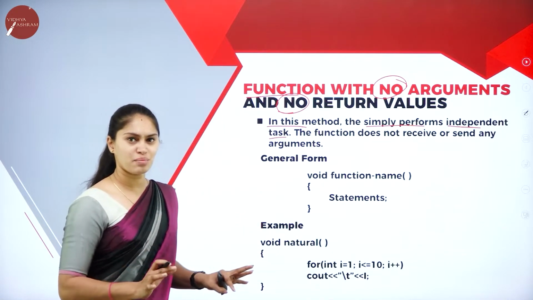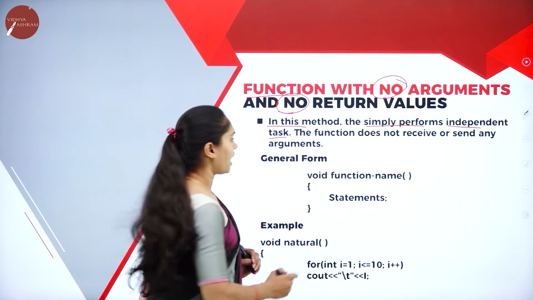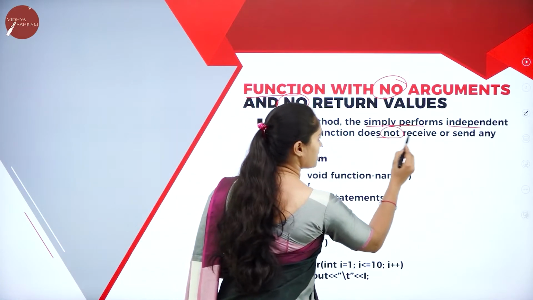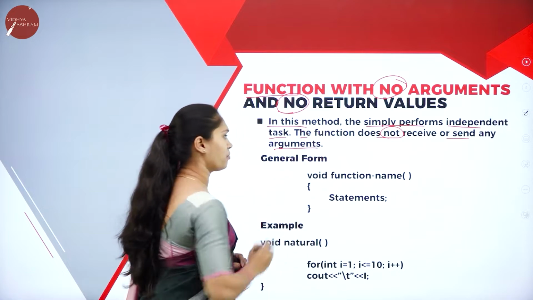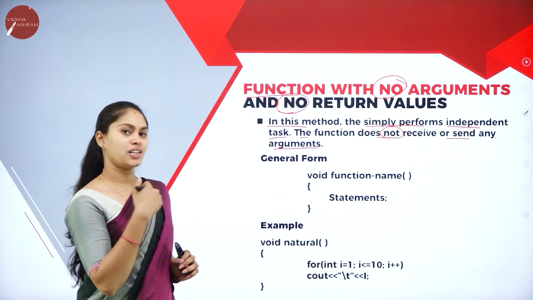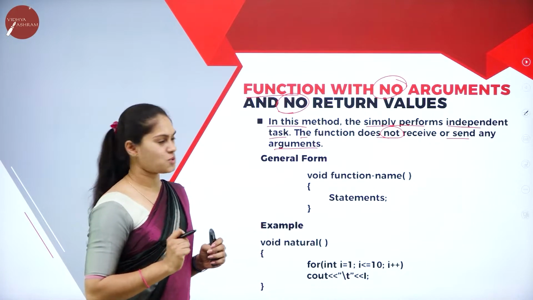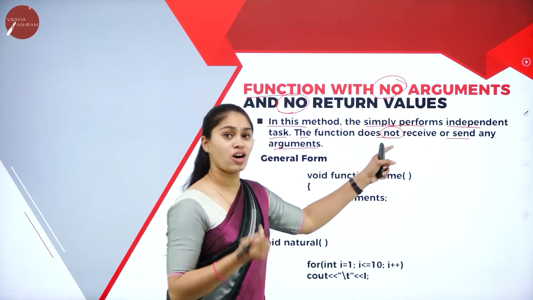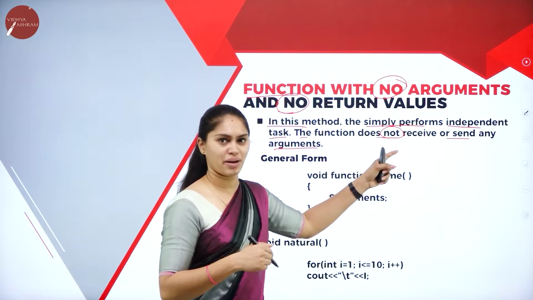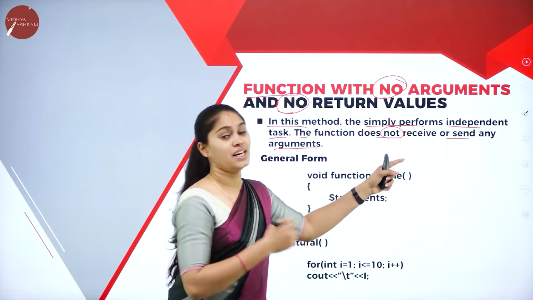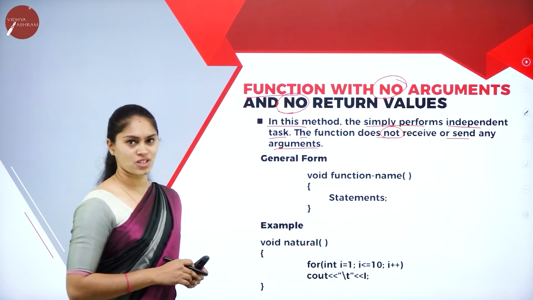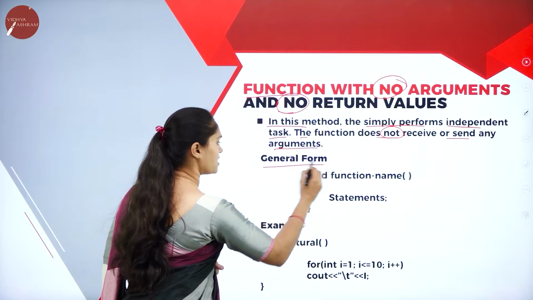It is just simply performing its task, and the function does not receive or send any argument. You are not giving any snacks or taking any snacks from your friends. Here the function does not receive any argument, and it is not sending any return value back to the function. Okay. So remember the general syntax.